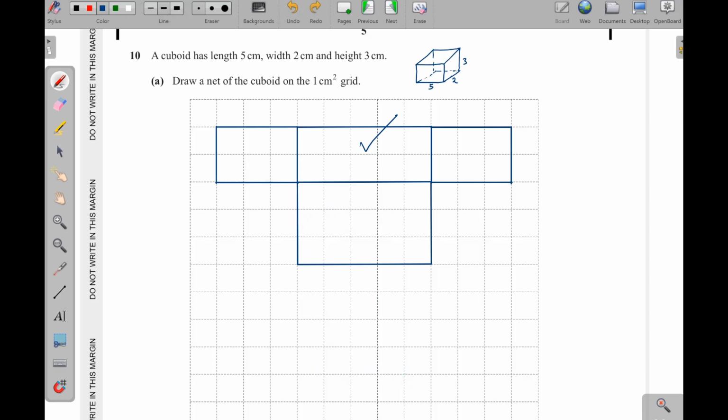So I'm going to continue with this one here, but we need 2 centimeters down. So I will just get this one here, then duplicate it, bring it down here, then also duplicate it, put this one here, and then now produce this other one down here.